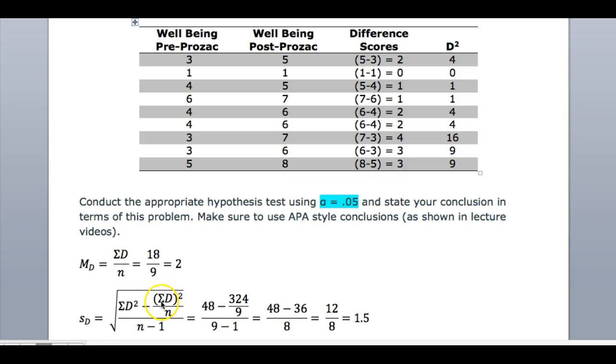And then 18 squared is equal to 324, right? So 48 minus 324 divided by 9, all divided by degrees of freedom, which is n minus 1. 48 minus 36 divided by 8 gives us 12 divided by 8, which gives us a sample standard deviation of 1.5.